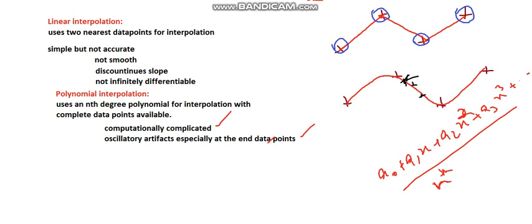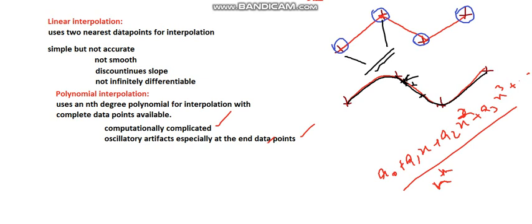But how polynomial interpolation differs from linear interpolation is that in linear interpolation we use the adjacent or nearest data points. In polynomial interpolation we use all the data points at a time, in such a way that it fits exactly through all the available points.